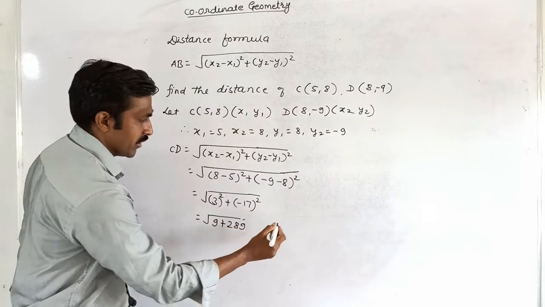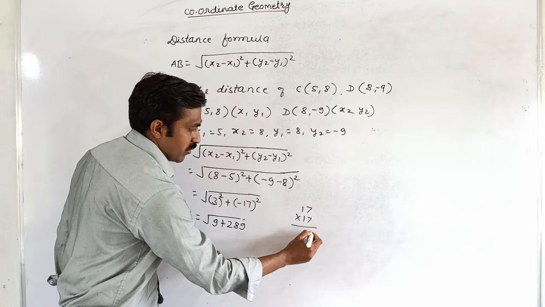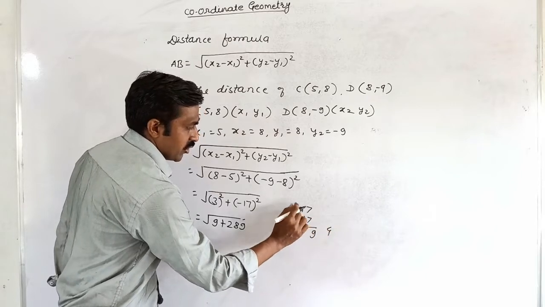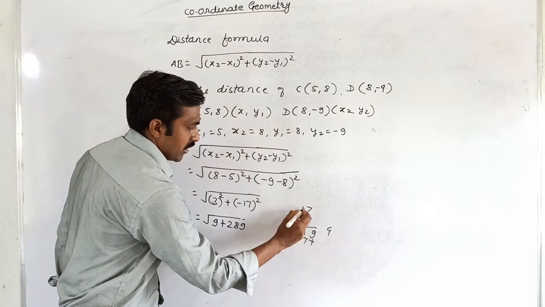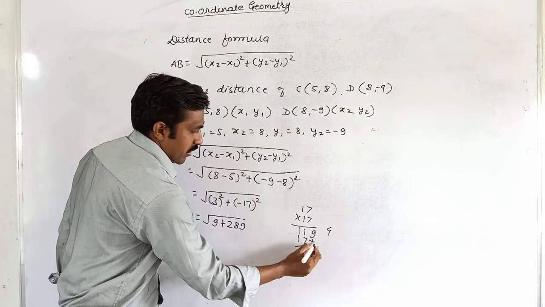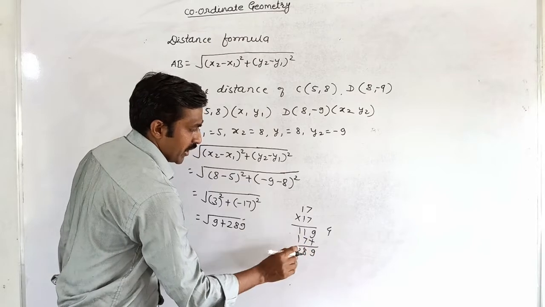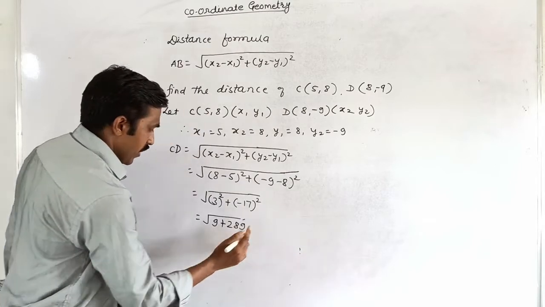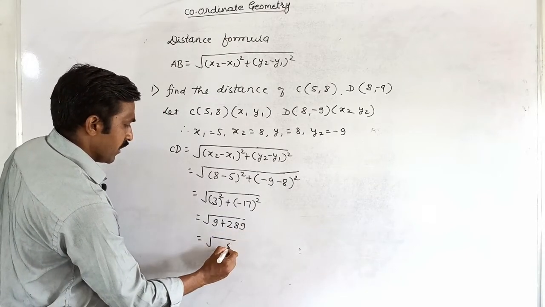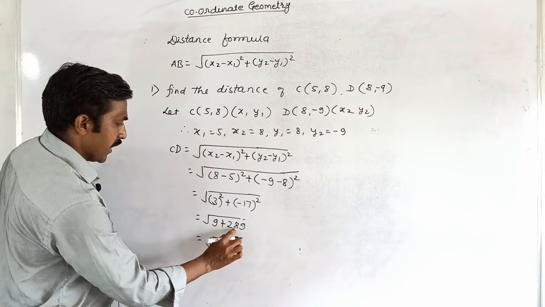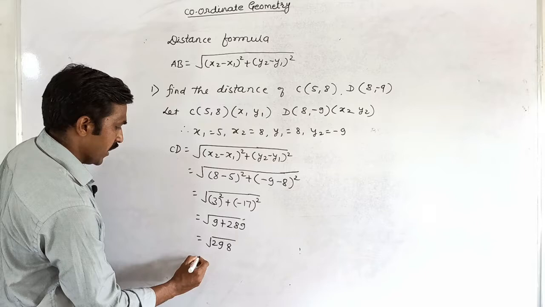You can calculate here 17 multiplied by 17, which is 289. So it is equal to the square root of 289 plus 9, which is 298.